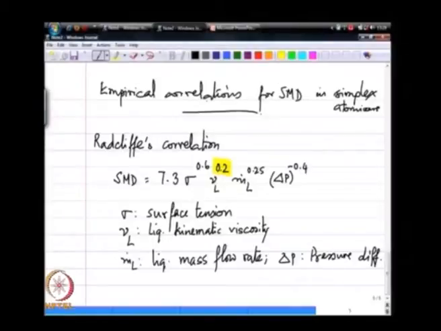So, this number 7.3 is expected to have some weird units to it, such that all of the quantities on the right hand side raised to those powers give you a length scale, units of micrometers or some drop size unit, which is what is on the left hand side of this equation. So, one of the biggest problems with an equation like this is that it is dimensionally incorrect.